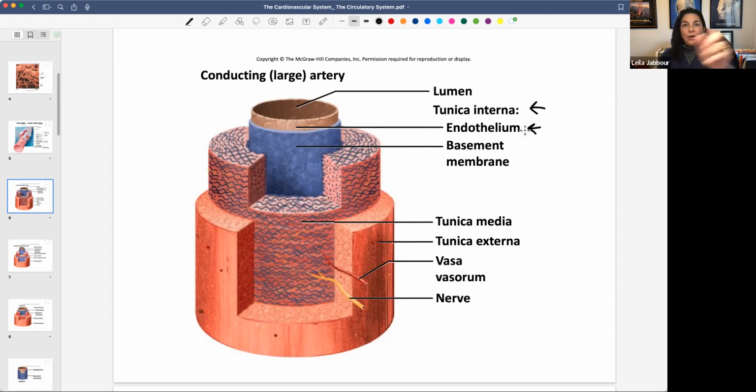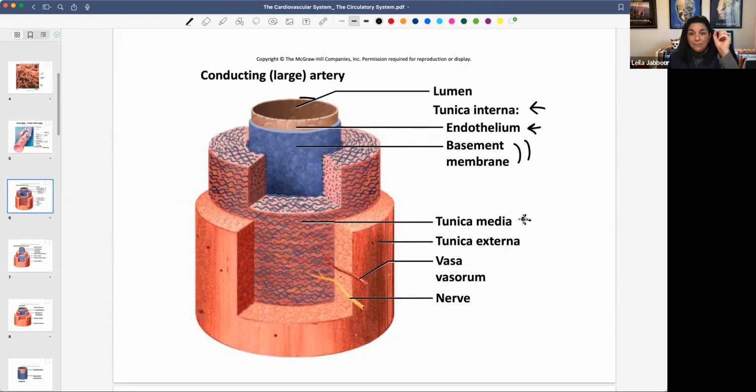That's the lining of that inner cavity. This lining over here is the simple squamous epithelium that we expect lining the lumen of vessels. And then we have a basement membrane, just like we saw in the previous slide. And then we have tunica media.